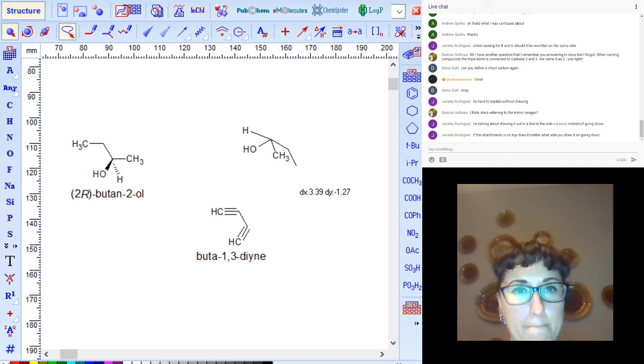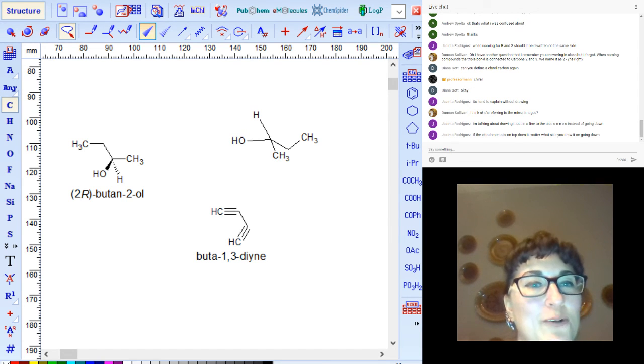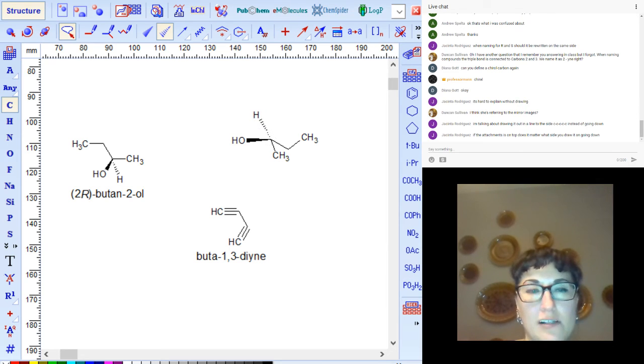Gonna fix that. We'll say that looks about right. Bond angles might be a little bit off. So this would be the same molecule. It doesn't matter. If you got it right, you get it right.